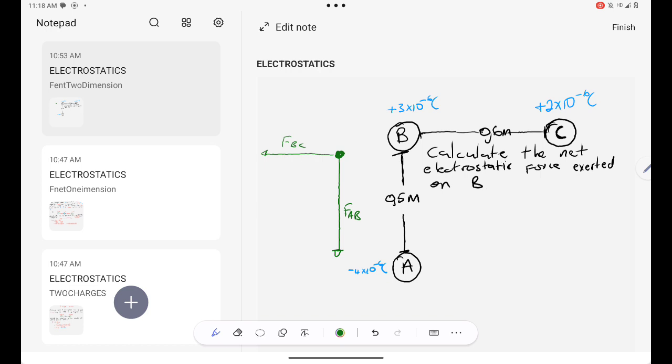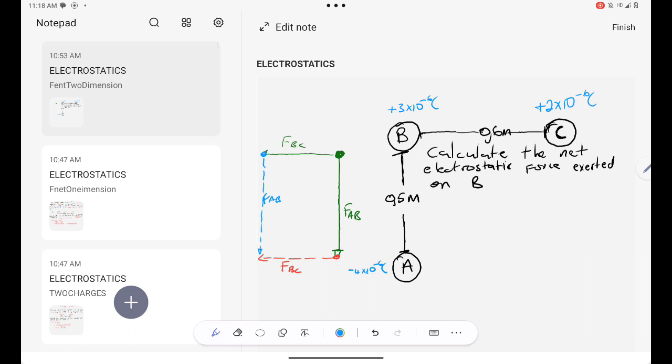So if I draw the components of this force, I'll draw it like this, and this will also illustrate the force between charges B and C. For the other one, I'll draw it like that as well, and this will illustrate the force between charges A and B. Why?